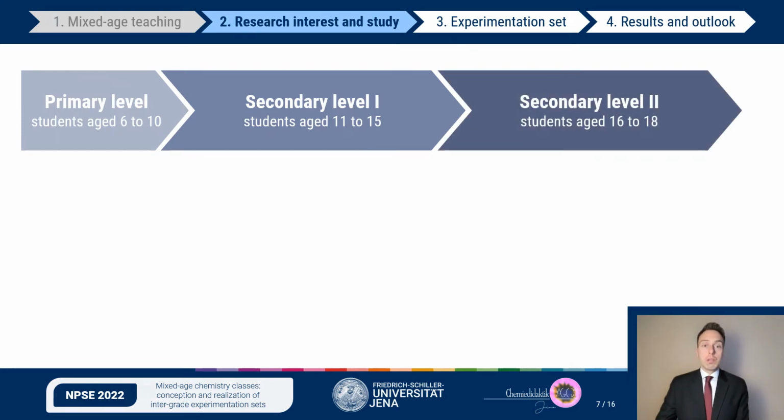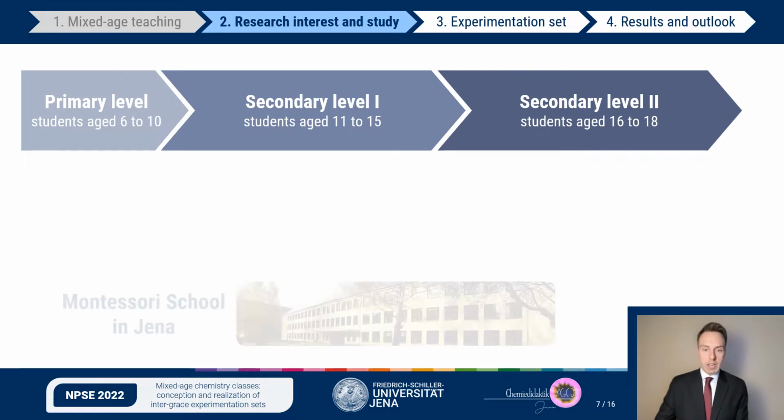Students who want to go to university and need their A levels to do so must also attend upper secondary school in the secondary level 2. Students are traditionally taught in age-homogeneous classes in each of these 3 school levels. This system is also compulsory for the federal state of Thuringia.